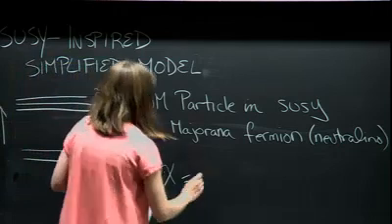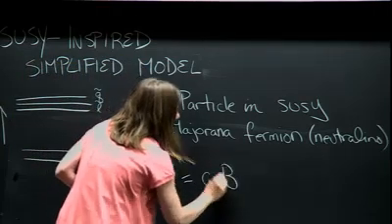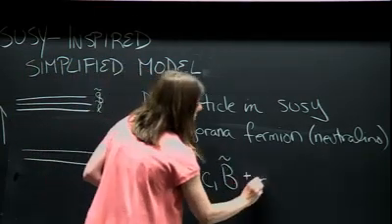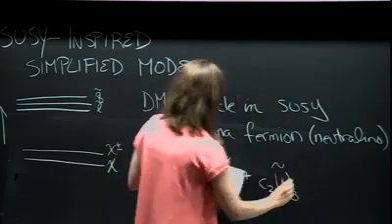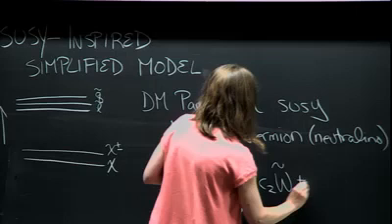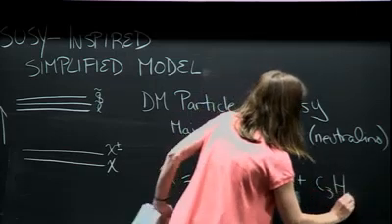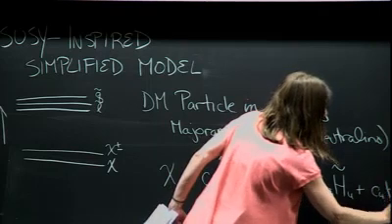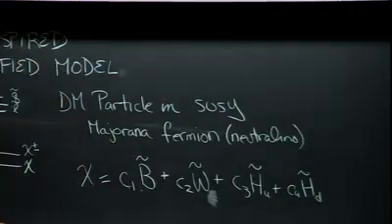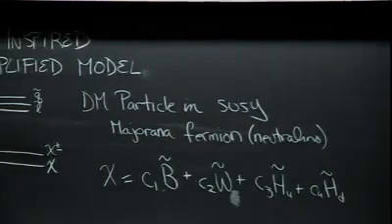So I'm going to write that down as follows: a linear combination of the superpartners for the Higgs and the superpartners for the W and B bosons. These all end up mixing, and they give you a neutral particle that works really well as a dark matter candidate.